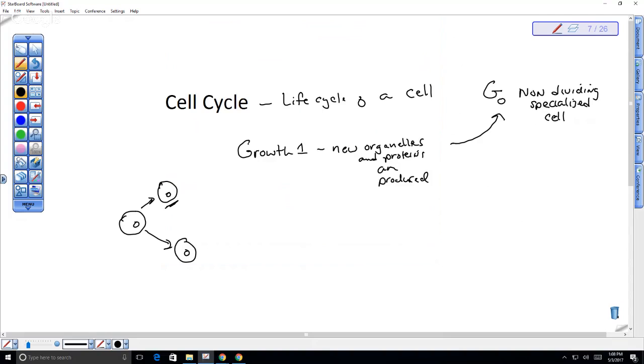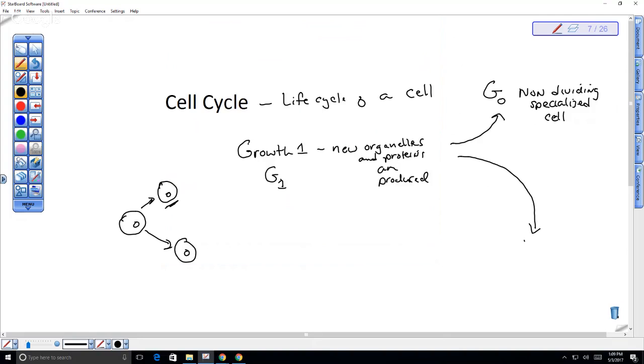Our neurons tend to be non-dividing and they tend to live rather long periods of time, right? And they make connections in our brain. So the neuron develops and it stays there and it's not going to go through mitosis again. So it leaves the cell cycle and goes to G sub 0. This one is called G1.